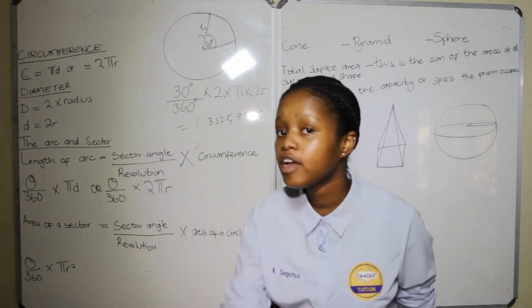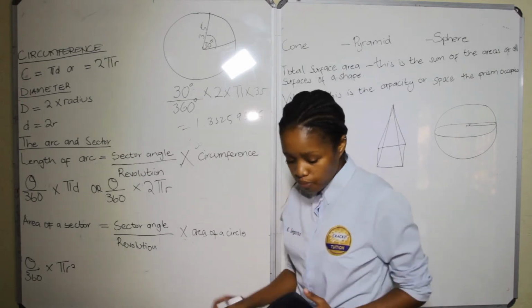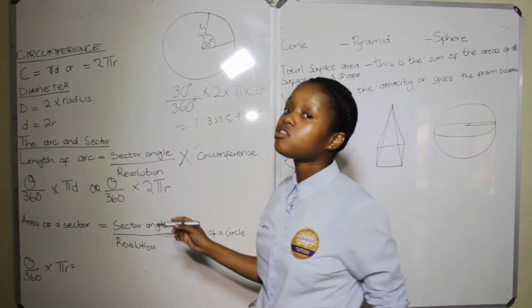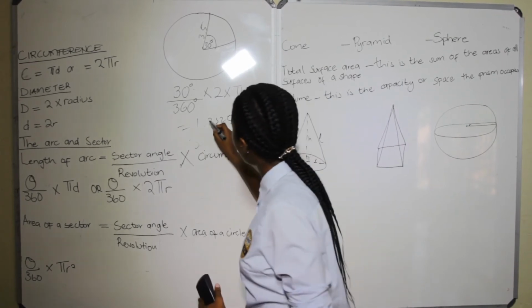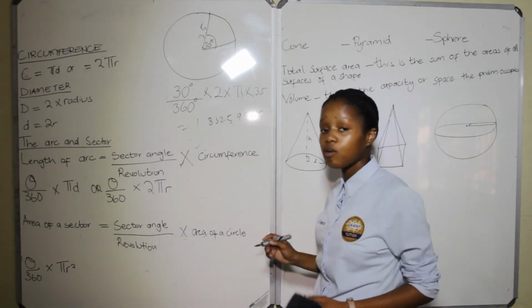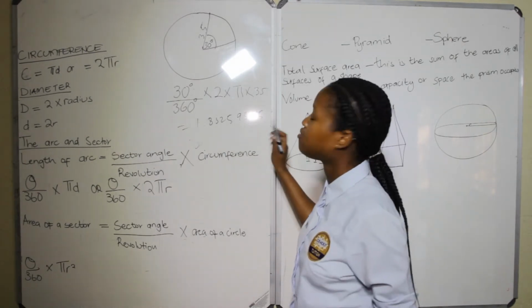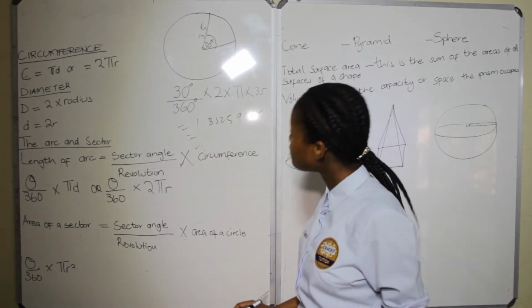But I advise you to always at all times try to simplify where you are able to simplify, right? So our answer in this case is 1.8325955715. Remember, all our values should be to 3 significant figures.